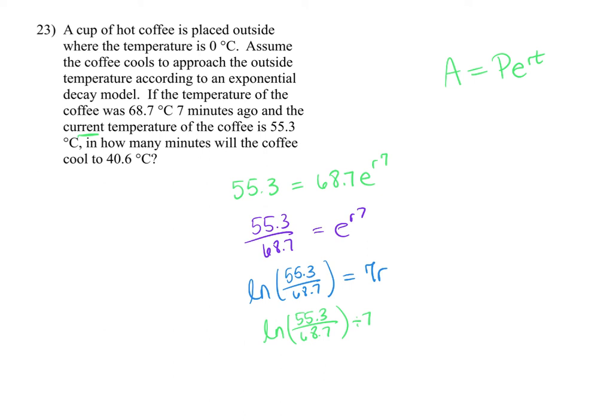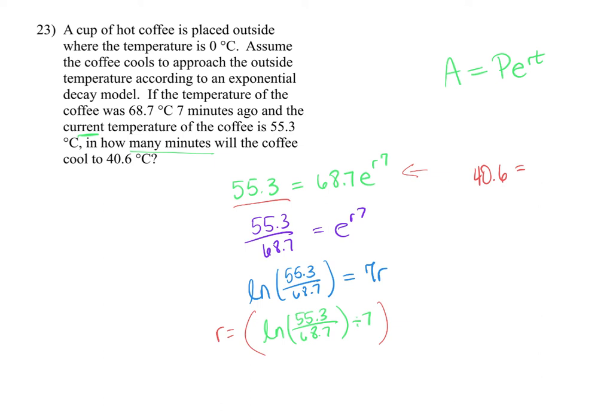It says, in how many minutes will the coffee cool to 40.6? Well, if we use this guy up here, we now know the rate. This guy represents our r. Now we're looking for time. So I know what I want it to be: 40.6. I know it started out... there are 2 ways you can do this.